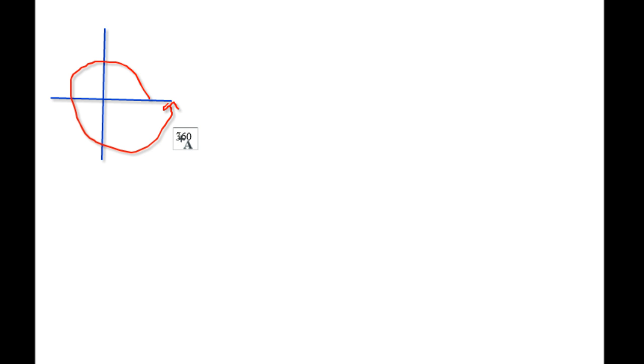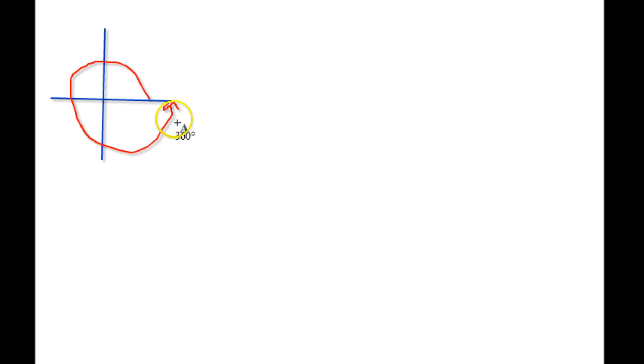Okay, now if you are working with a coordinate plane and we go around once, you have to imagine that that's going to be 360 degrees.